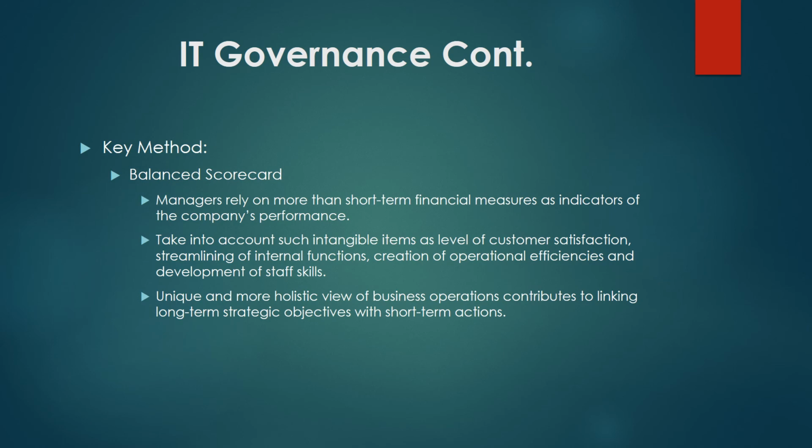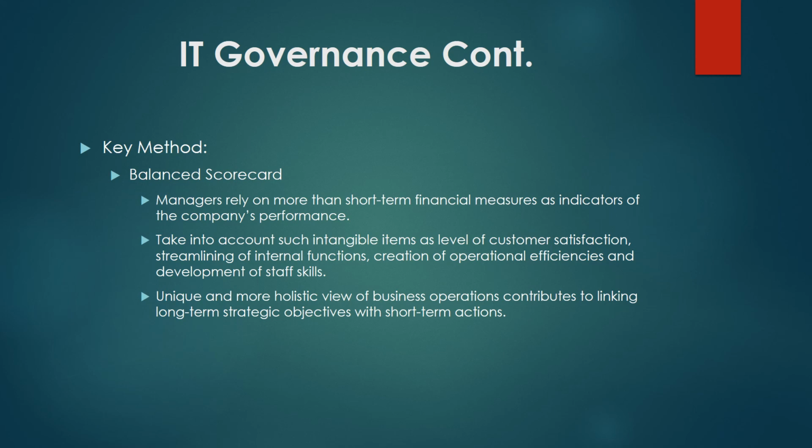Practical implications of this include translating strategy into action to achieve goals with a performance measurement system that goes beyond the conventional accounting, and measuring those relationships and knowledge-based assets necessary to compete in the information age. By using the balanced scorecard, managers rely on more than short-term financial measures as indicators of the company's performance.